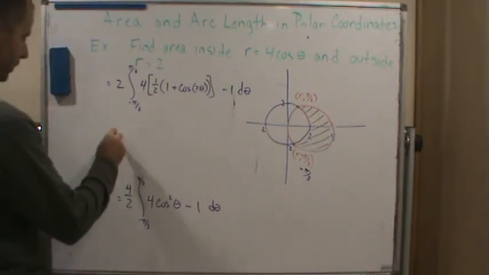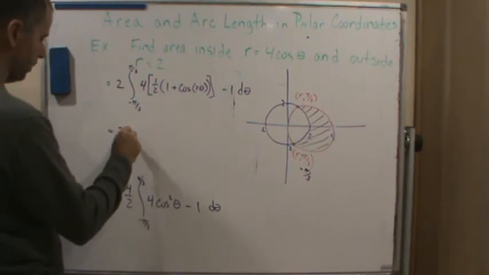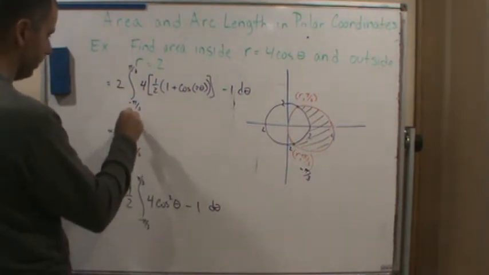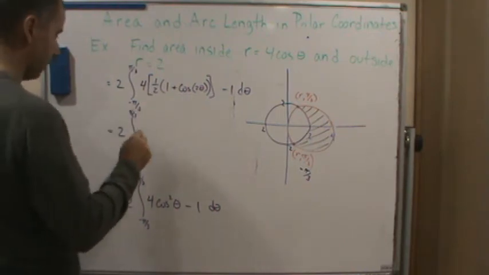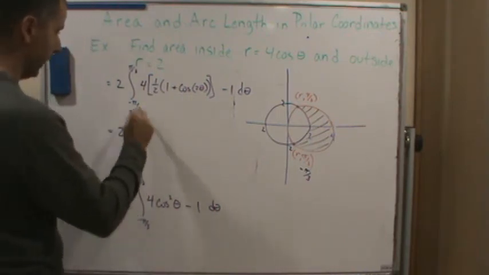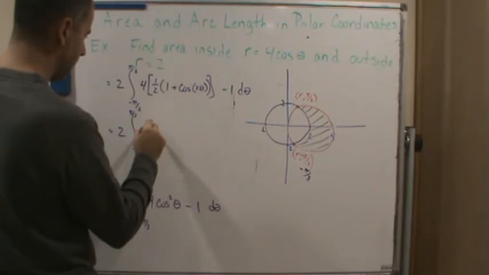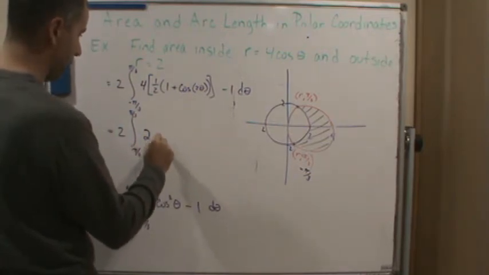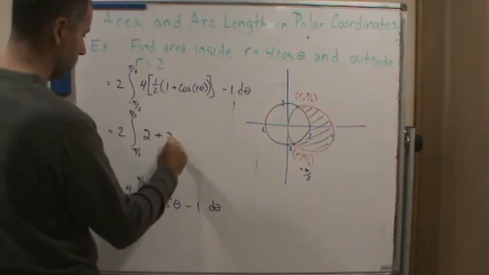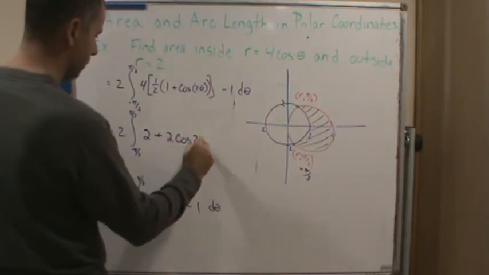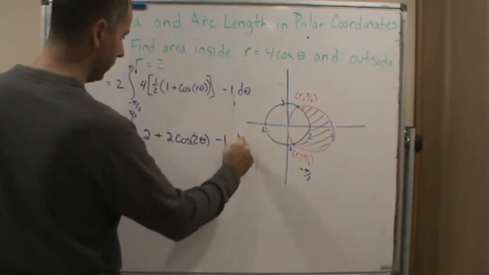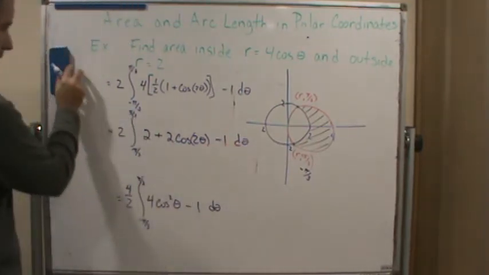And so what is this going to become? This is going to become 2, the integral from negative pi over 3 to pi over 3. And then I'm going to distribute and simplify. So this is going to become 2 plus 2 cosine 2 theta minus 1 d theta.